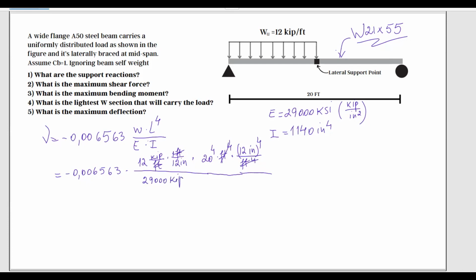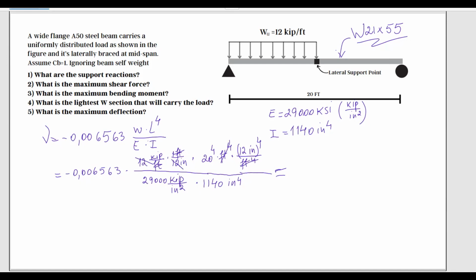We have kips per square inch multiplied by moment of inertia, which is 1140 inches power 4. Great. So all we have to do now is just do the math and pay attention to calculations. Okay, so here I'm going to have 12 over 12. These two go away.